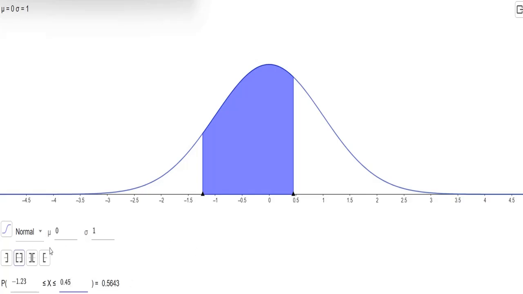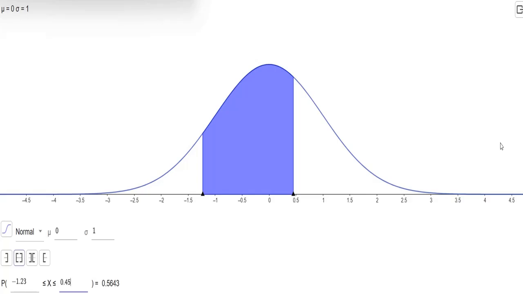Now by changing the values over here, you can get directly the area that lies between any points. This is just for your understanding or visualizing how the plots will look. But for our examination, we will be provided with the normal distribution table.